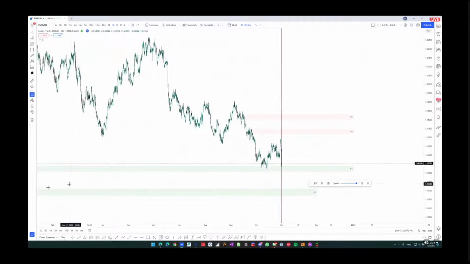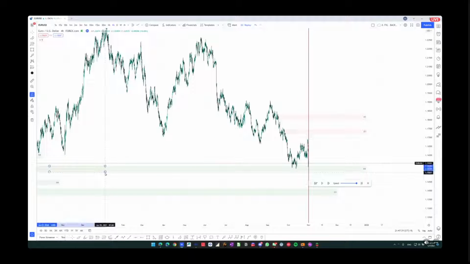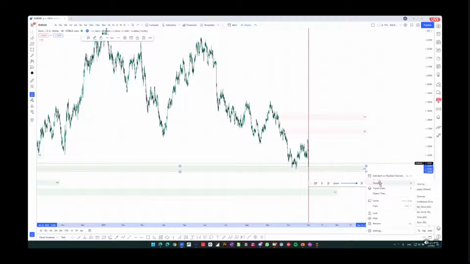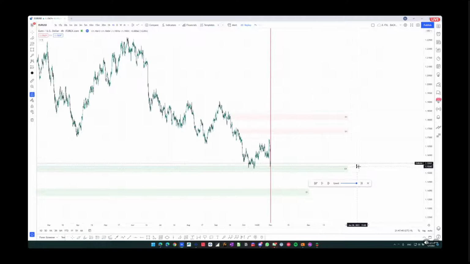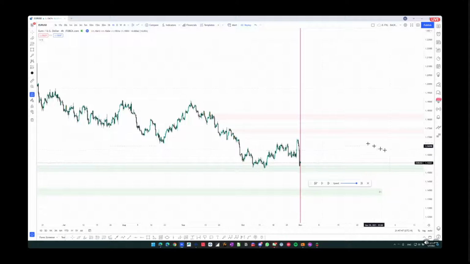This is a problem with backtesting because you already have an idea of what's going to play out, so it's not as useful.